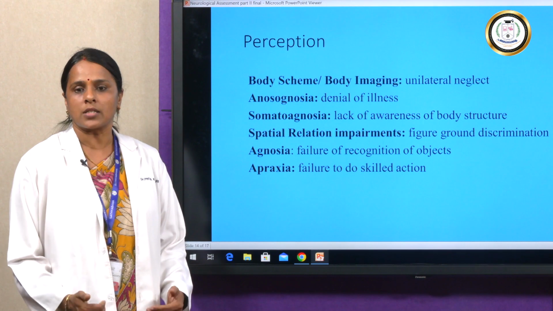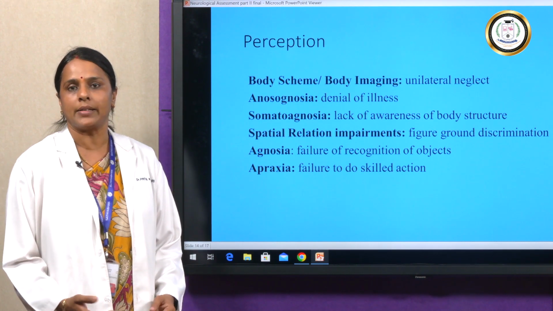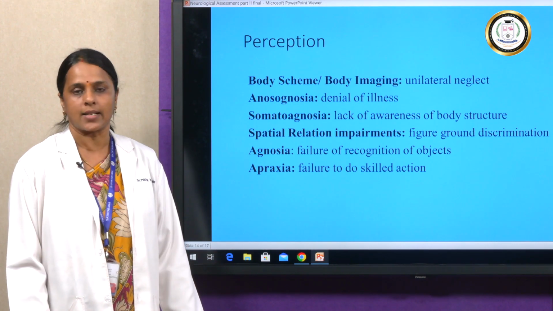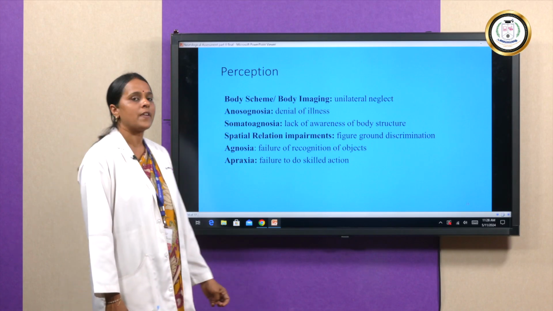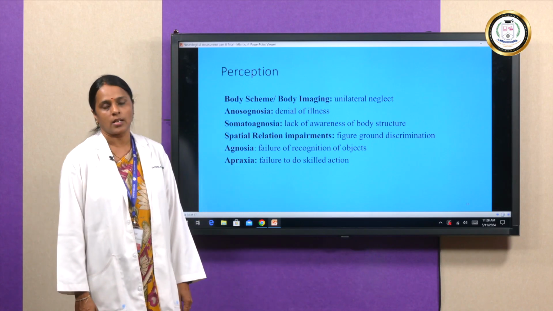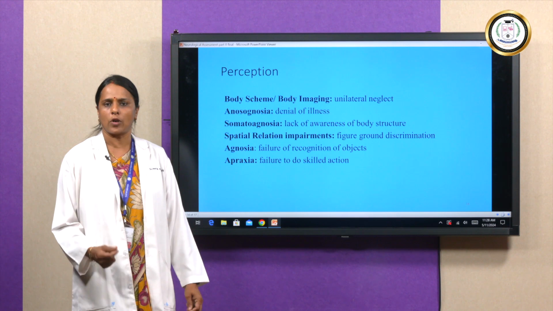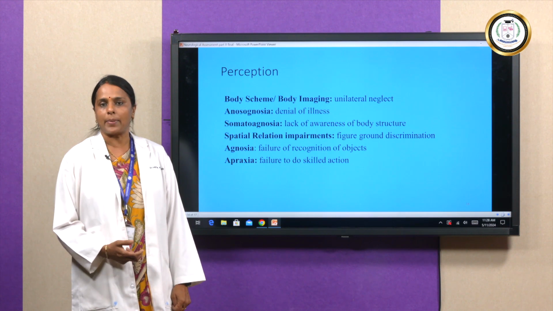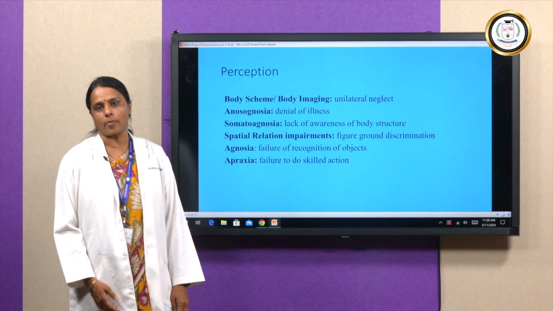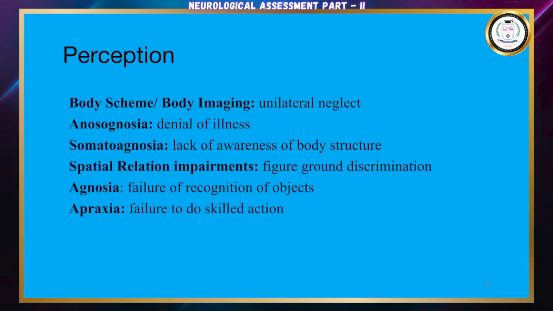So it is difficult to rehabilitate or take them outside for exercises. Agnosia, that is failure to recognize objects. Even if you give them an object in the hand, they will not be able to palpate, feel and tell you about the object. Apraxia, they have difficulty in doing skilled actions.